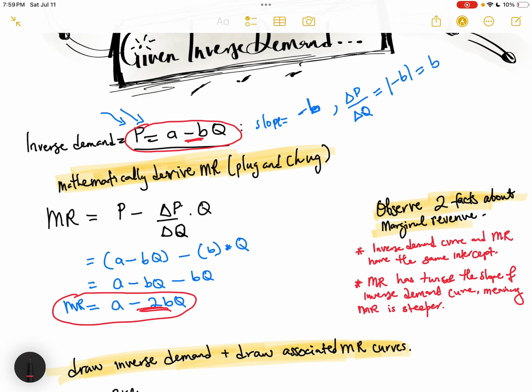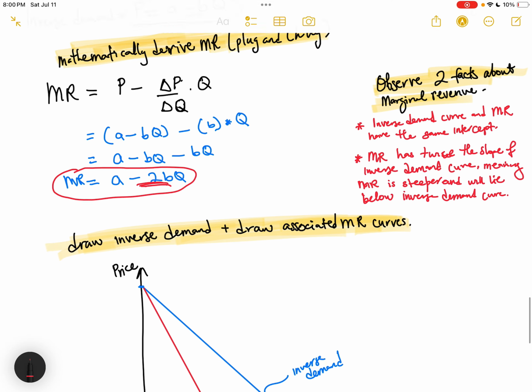And also that means MR will lie below the inverse demand curve. This stuff is quite interesting. It tells you how to plot these curves and where to plot the curve. I love this stuff. I'm too excited today for economics.